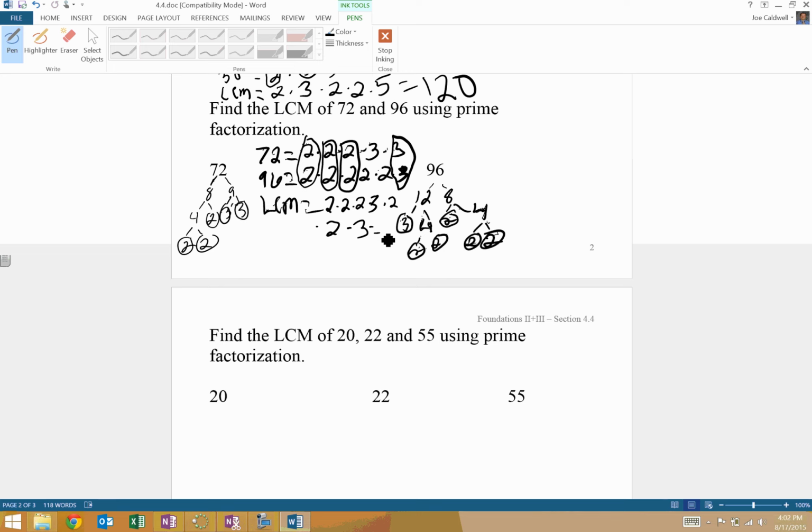Making sure I did my math right here. 2 times 2 times 2 times 3, times 2 times 2, 3. So we get 288. And a quick way to check, you could divide that by 72 and see what you get. It goes into it. Divide 288 by 96, it goes into it, so you're good to go.